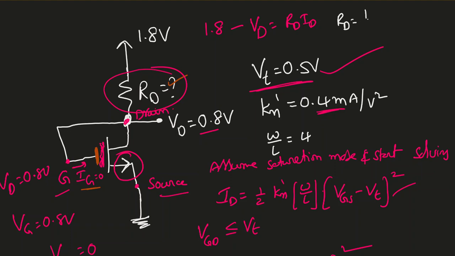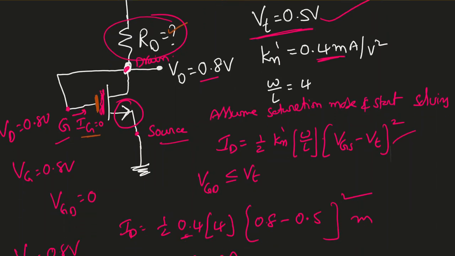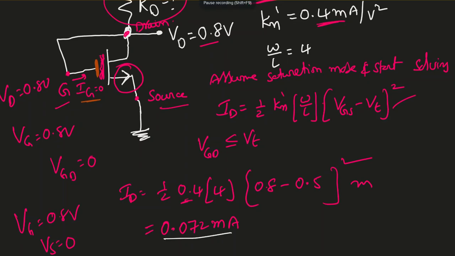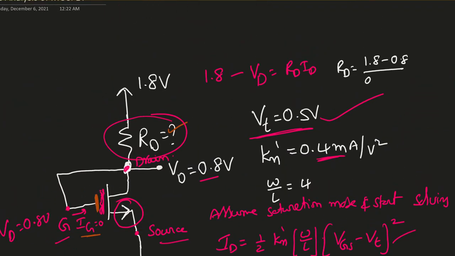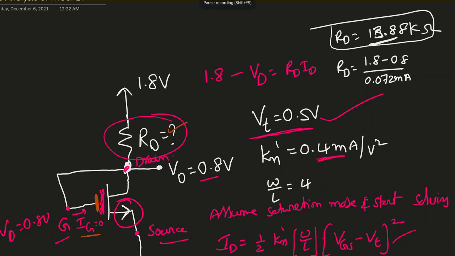RD must be 1.8 minus VD, which is 0.8, so that's 1 volt, divided by ID, 0.072 milliampere. From this I end up with RD equal to 13.88 kilo ohm. That is the resistance of this RD.